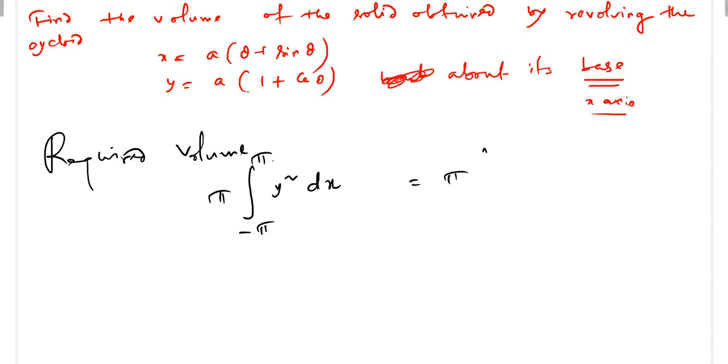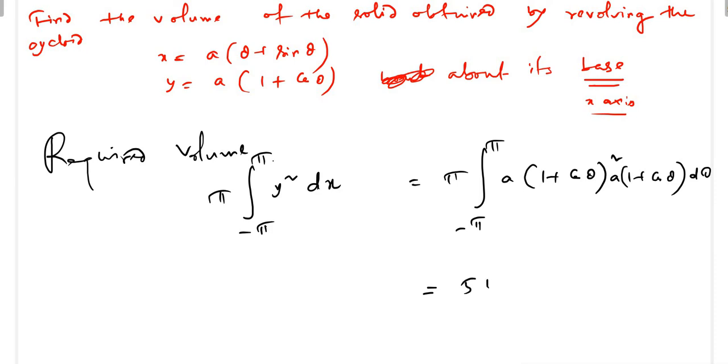Y means a into 1 plus cos theta whole square into dx. So differentiate both sides with respect to theta. It is 1 plus cos theta, a into d theta. So after all the integration, the answer will be the same, 5 pi square a cube.